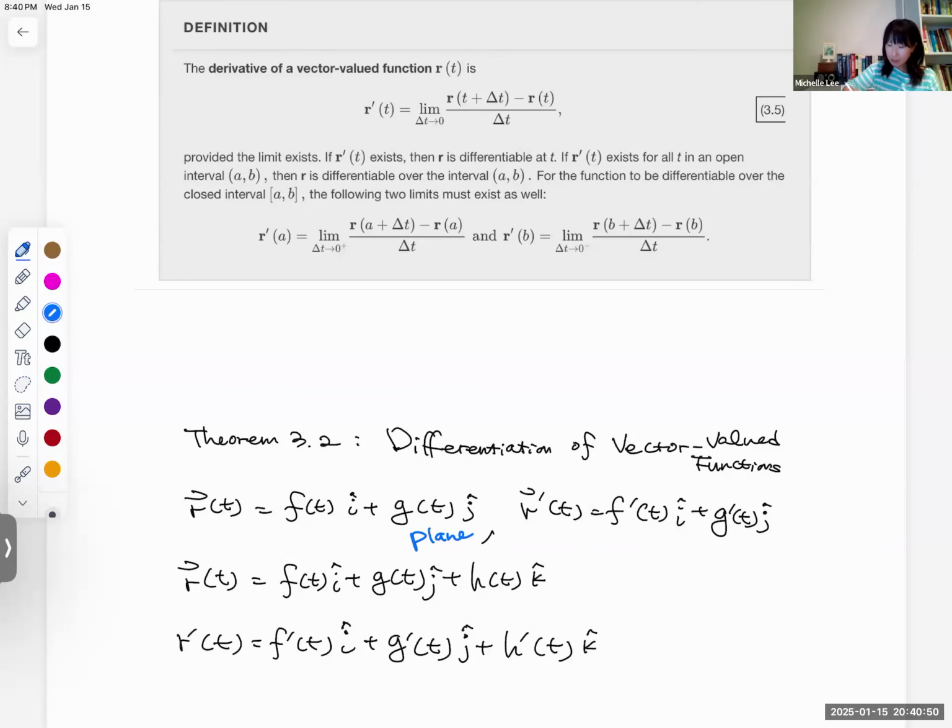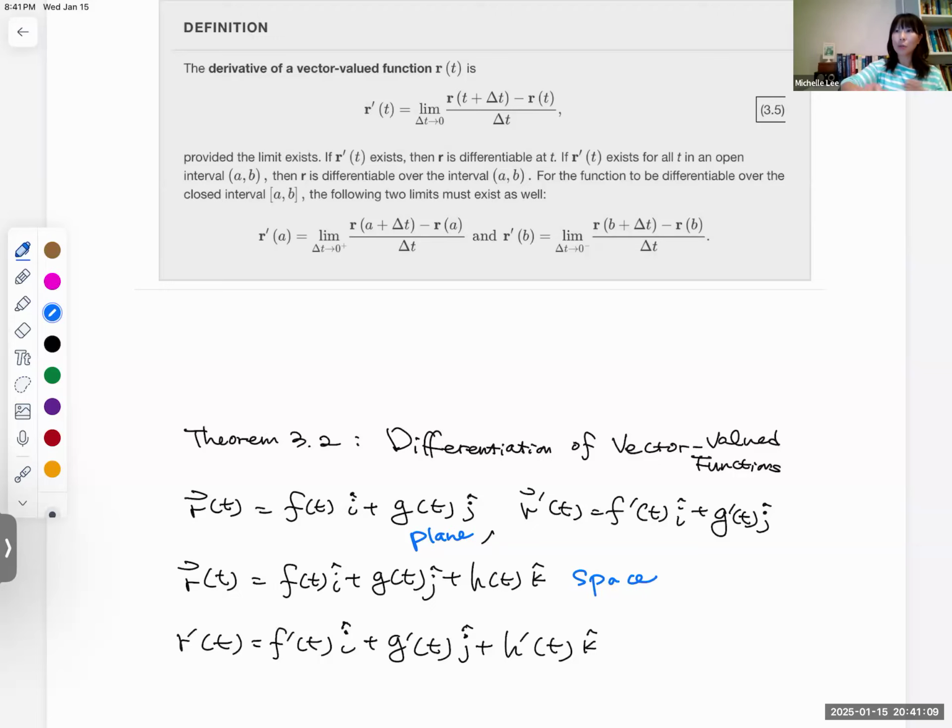If we have space, then it's the same: when you differentiate the vector valued function, we do the derivative respectively. So f prime of t i, g prime of t j, sorry, h prime of t k.